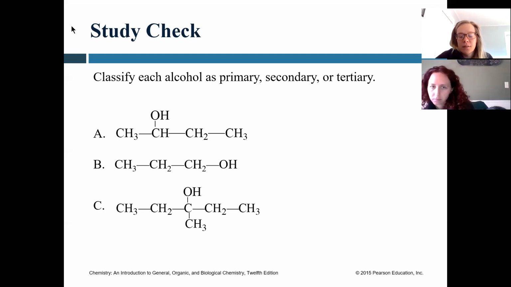It should really only take you another minute or so. So just decide how many carbons are connected to the carbon that the OH is attached to.